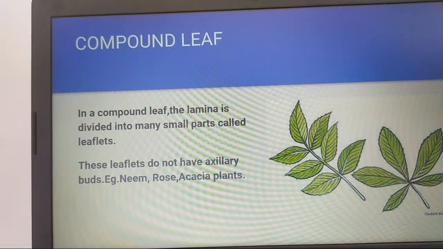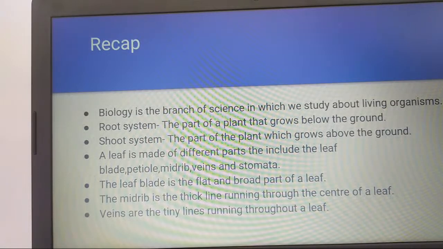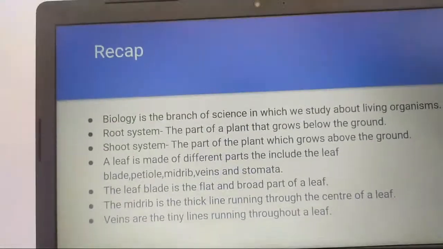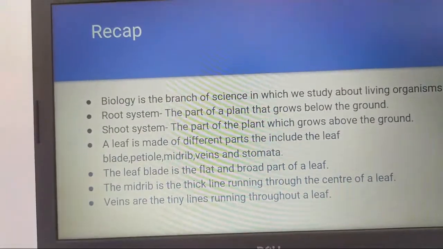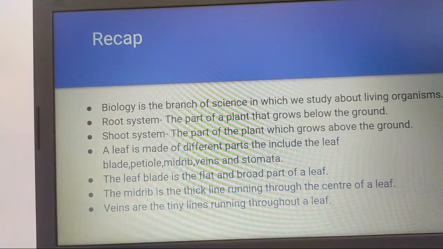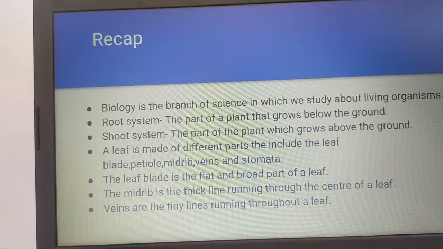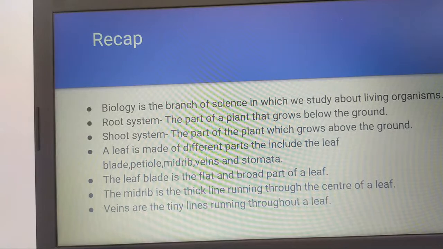Now let's recap what we have studied today. We have studied biology, the branch of science. In this branch of science, we study living organisms. Then we have discussed the parts of a plant.